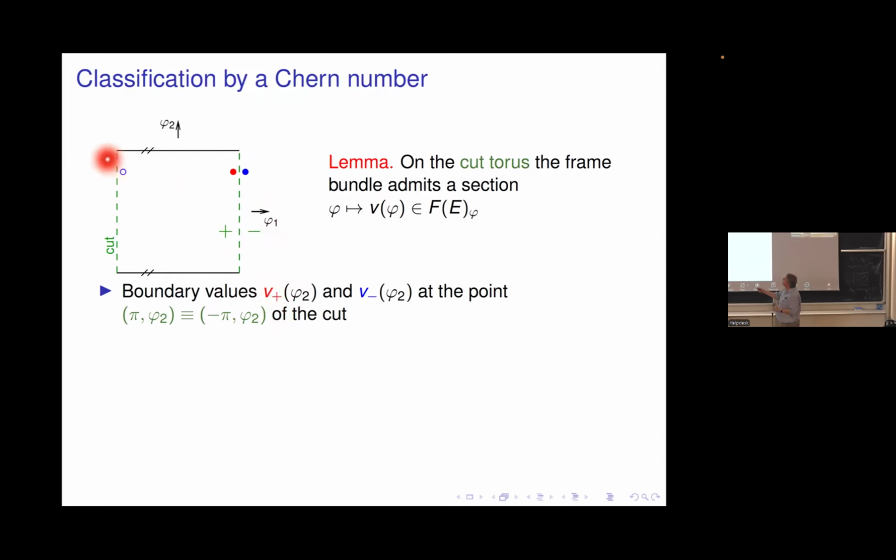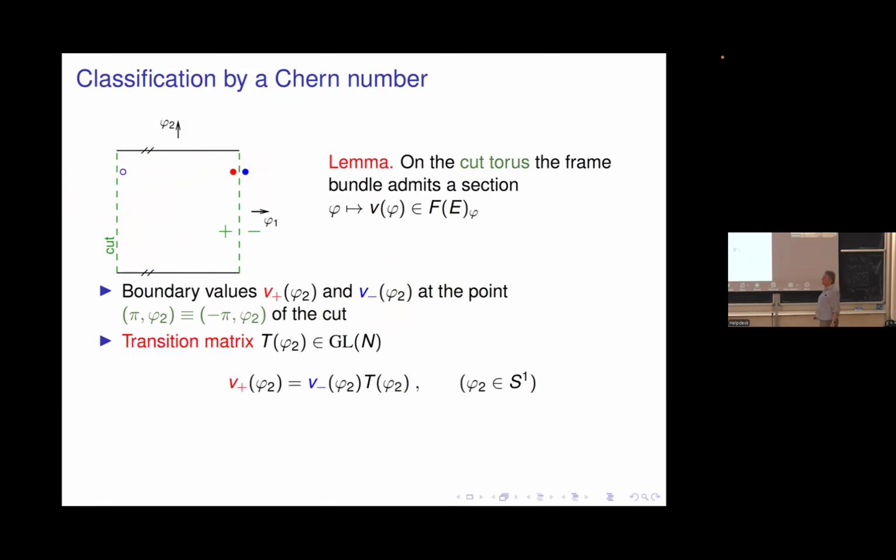But you may come to the other end of the cut, which originally was the same point, and now you get another frame in the same space. The fiber is just one. And that's V minus at phi Q. For convenience, I depicted the same basis on that side, face to face with the other one. And so the question is, how are they related?